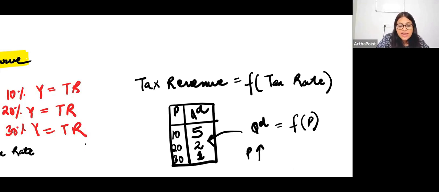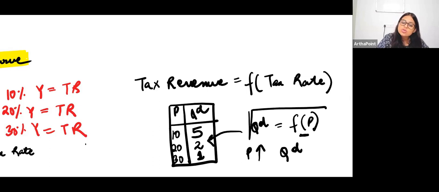And as the price increases, the quantity demanded decreases. So there is this negative relationship between them. This is also a function. Price is independent. Quantity demanded is dependent on the price of the commodity.